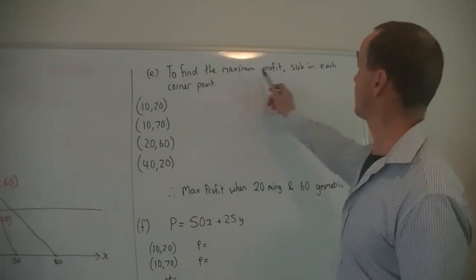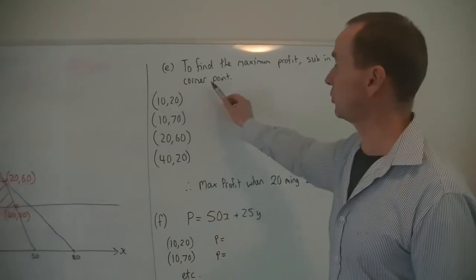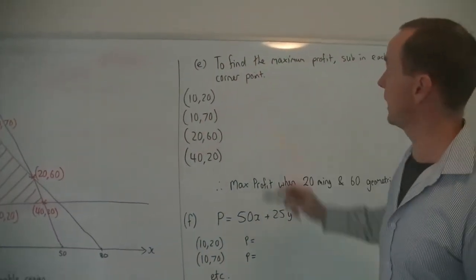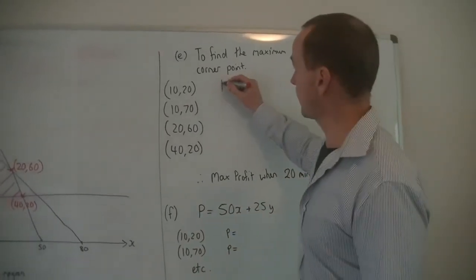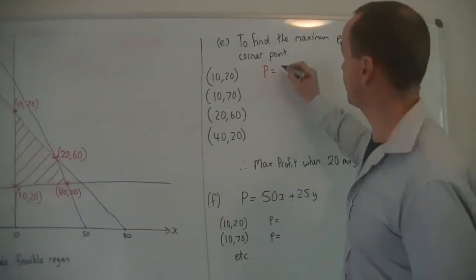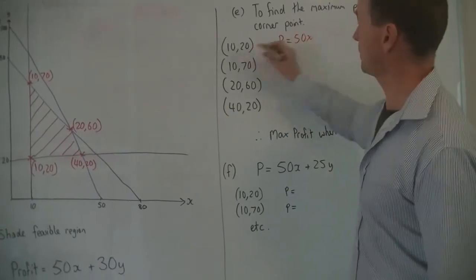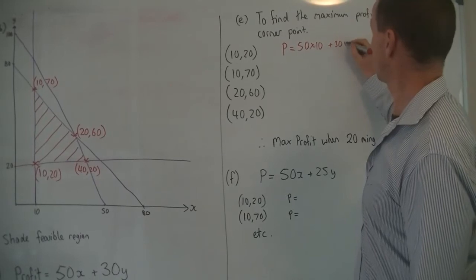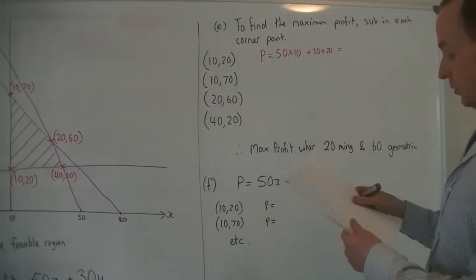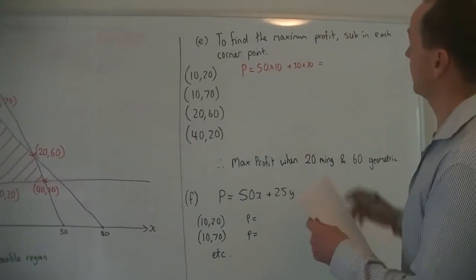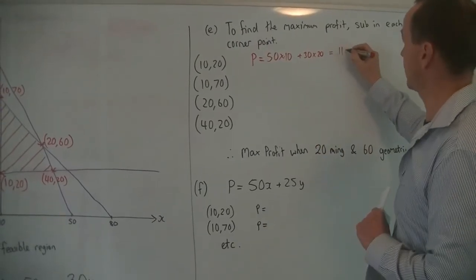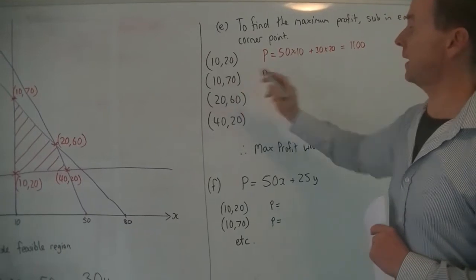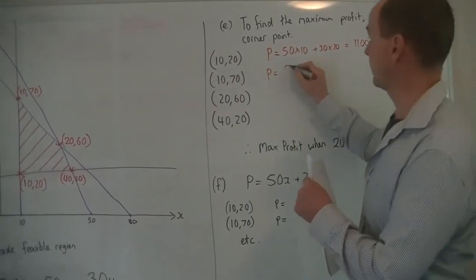So obviously, as soon as you see profit, you want to maximize it. So again, to find the maximum profit, you're substituting each corner point. So our 4 corner points are there, so I've listed them there. Alright, so we use that equation. So profit equals 50 times x, 50 times 10, plus 30 times 20. And you write all those down, and it's pretty simple. So this one equals 1100. So you do the same for the next one. So you're substituting x equals 10 and y equals 70, and you get 2600.